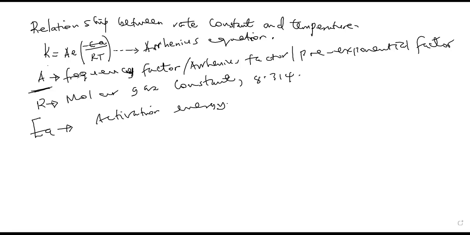So in this expression, from equation one, the Arrhenius equation, when you take the natural logarithm both sides, you'll have ln K equals ln A minus EA over RT.